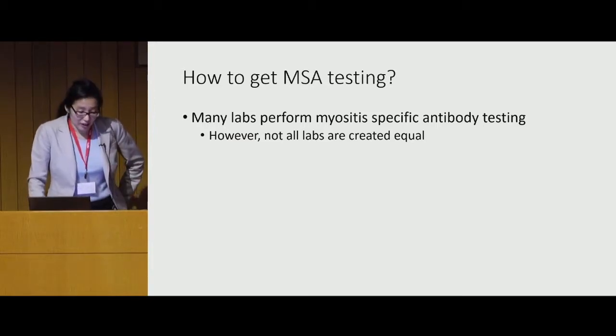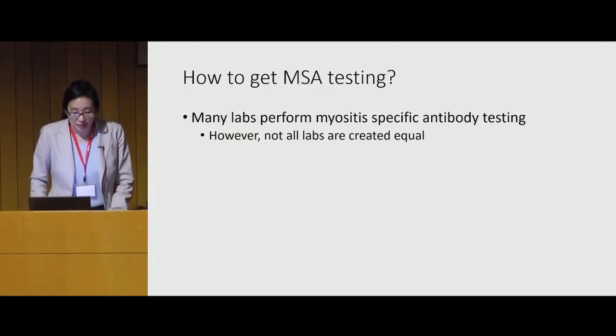So there actually are a lot of different labs performing this type of testing, Myositis Specific Antibody testing, but they're not all created equal because they use different types of methodologies.